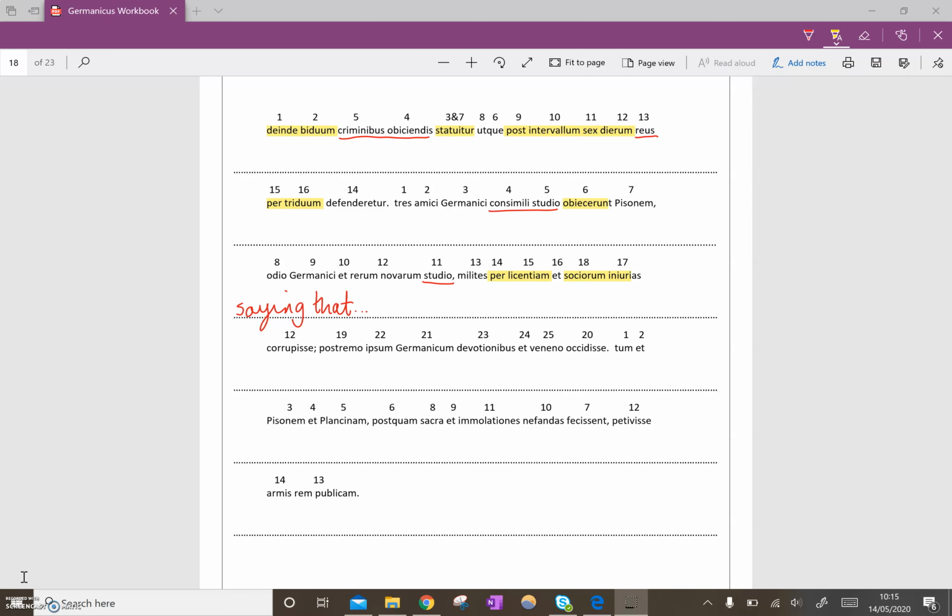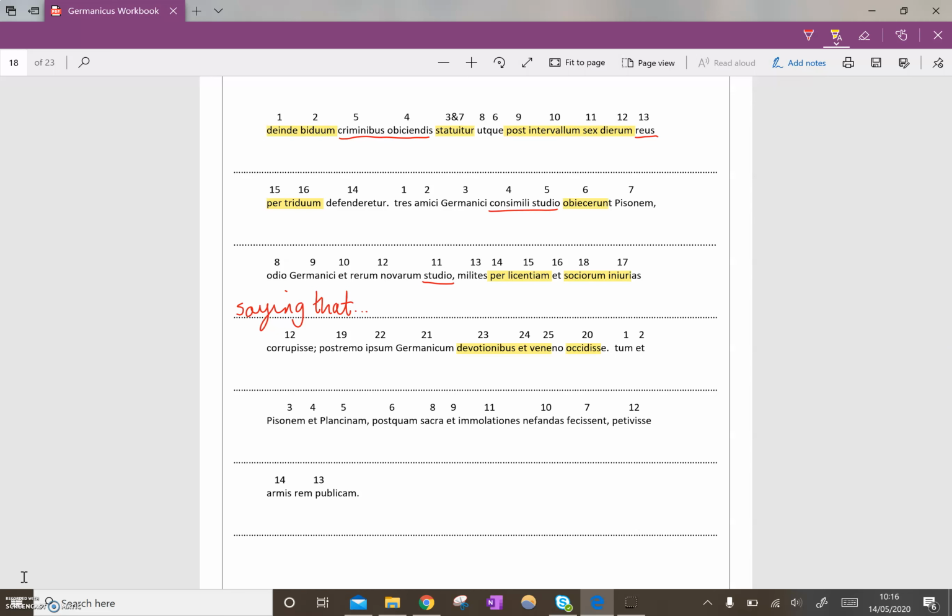Okay, and then after the semicolon, they hit on the most serious crime. Postremo, finally. Occidisse, another infinitive there. He had killed Germanicum ipsum, Germanicus himself, with, we've got ablatives here, devotionibus et veneno, with curses and poison.